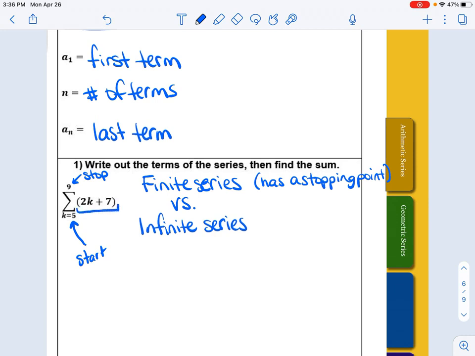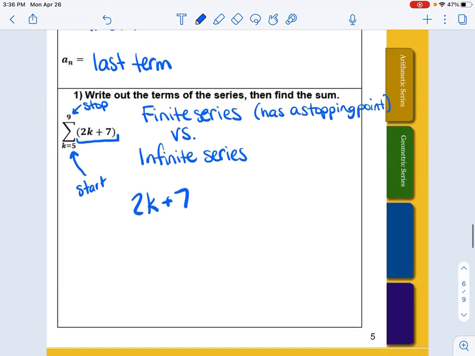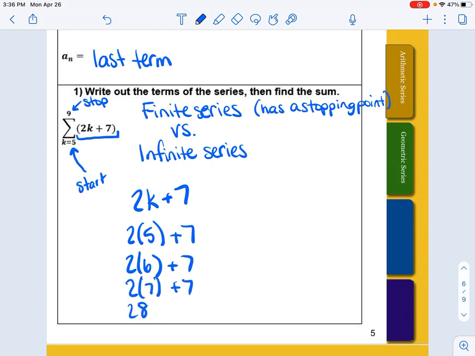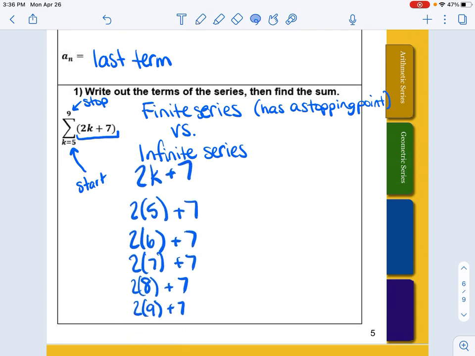So to do this, you take your expression here, 2k plus 7, and you start by plugging in 5 for k, then 6 for k, then 7, then 8, and then you stop at 9. At this point, I'm just going to solve each of these.